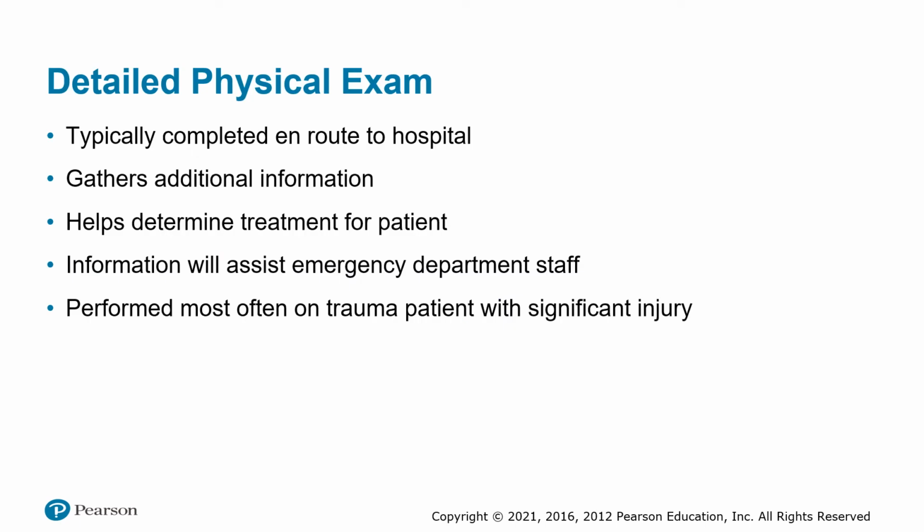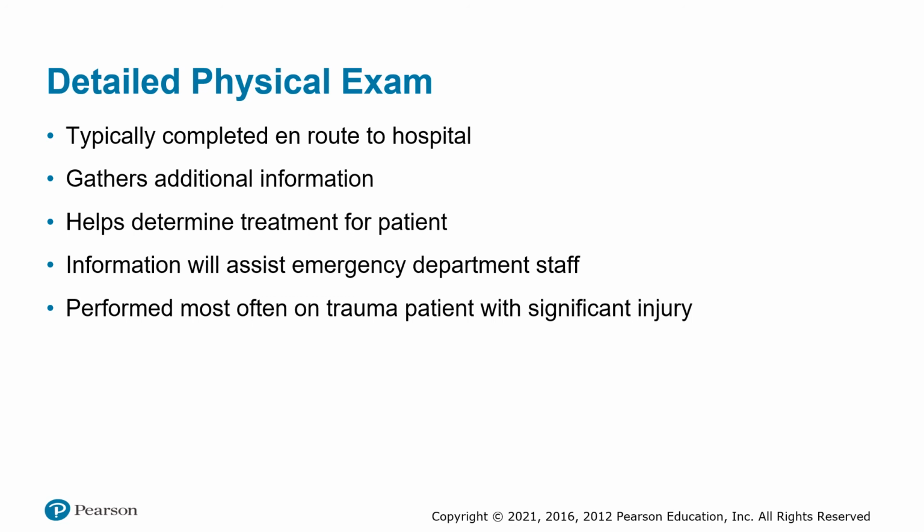The detailed physical exam, so this is done after your rapid if you've done a rapid. And this can be completed en route to the hospital. It gathers additional information. It helps to determine treatment for the patient and will assist emergency department staff. It's performed most often on the trauma patient with significant injury.